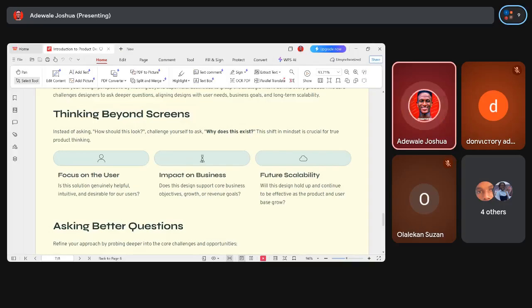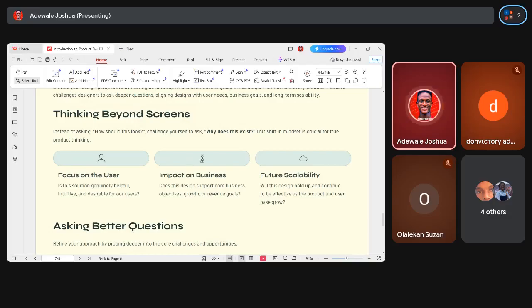Is this solution genuinely helpful, intuitive, and desirable for our users? Which is you asking yourself, does this design support core business objectives, drive revenue goals? Then future scalability: will this design hold up and continue to be effective as the product and user base grow?